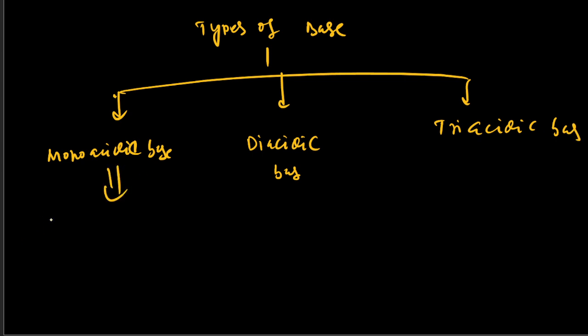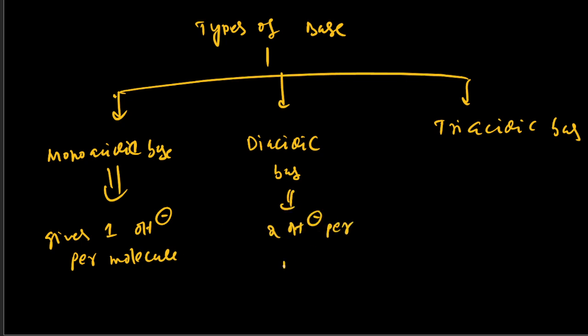This means it gives 1 OH minus per molecule. This gives 2 OH minus per molecule. This will give 3 OH minus per molecule.